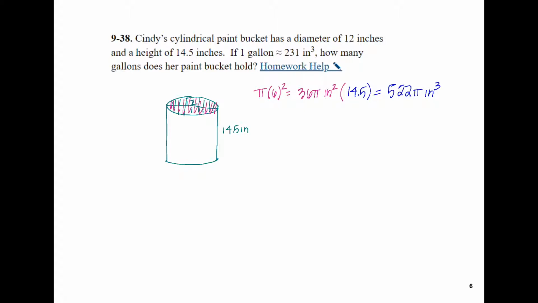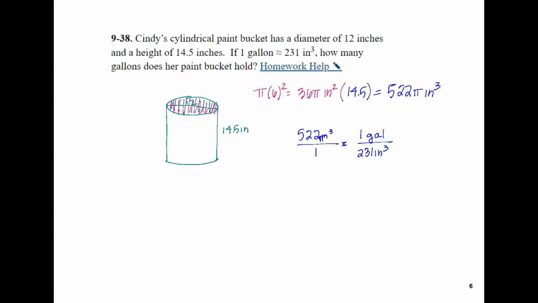So we then can set up a proportion. We know her bucket has 522 pi inches cubed. We want to know how many gallons of paint she has, if in 1 gallon we have 231 inches cubed. So we can multiply. Don't forget there's a pi behind this 522.